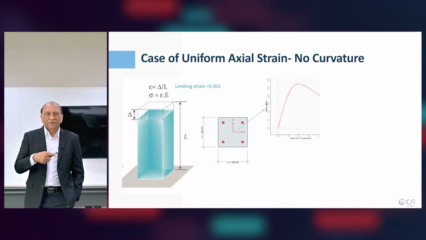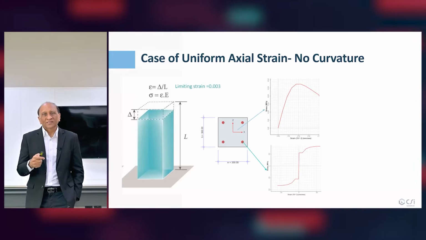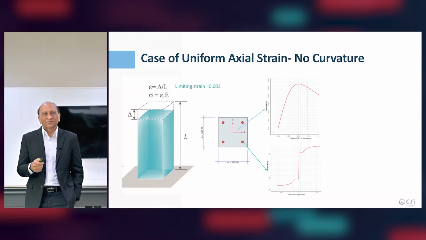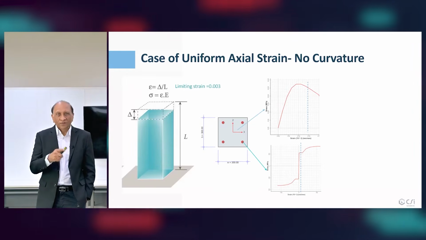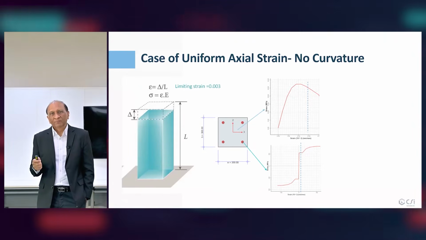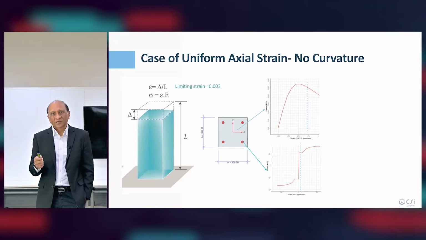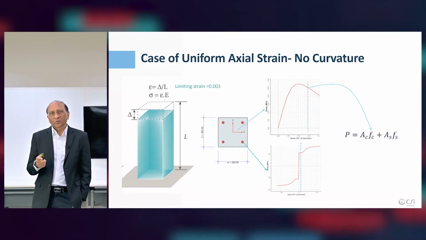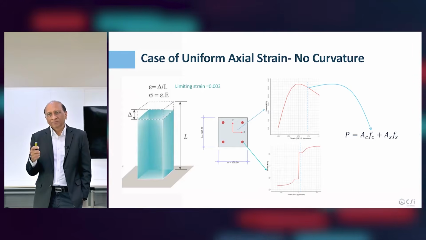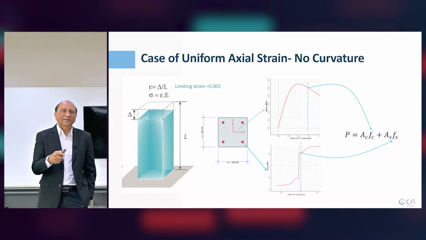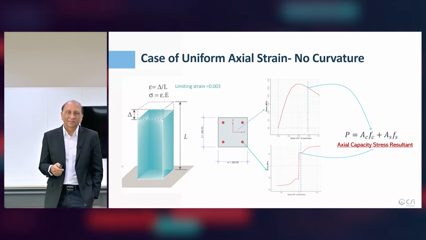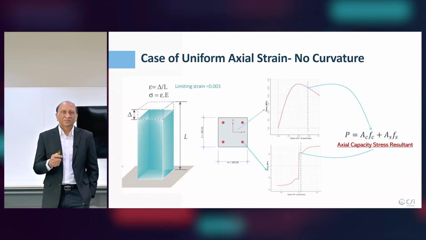Then based on that, we can go to the concrete stress-strain curve and steel stress-strain curve, and we can calculate the corresponding stress for the strain of 0.003 from each of the material stress-strain curves, bring them into this equation, and then we have Fc, and then we have Fs, multiplied by area of steel and area of concrete, and then we have the total axial capacity or axial capacity stress resultant.